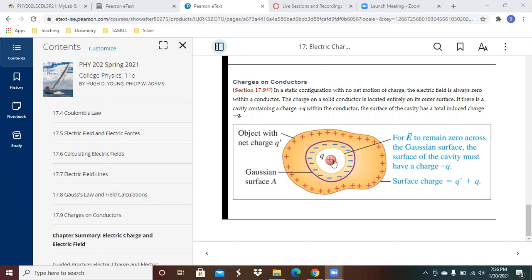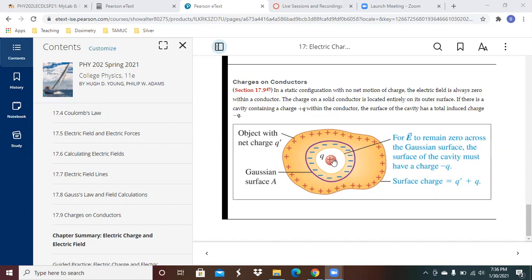When you put that charge in here, you're going to have an equivalent charge around here of minus Q, and that is, in other words, for the electric field to continue to remain zero across this Gaussian surface, the surface of the cavity must have a charge of minus Q in order to balance it.